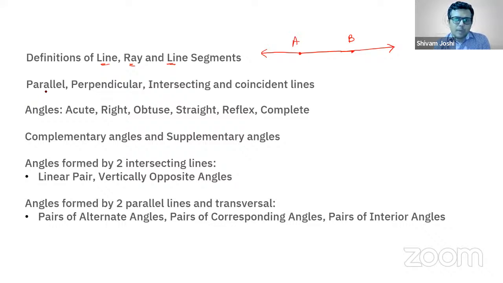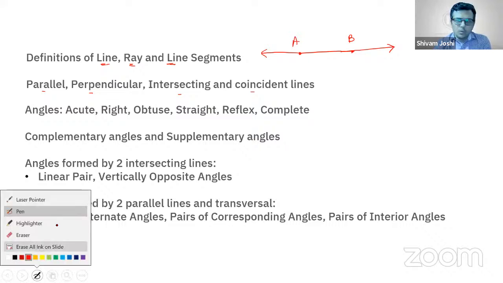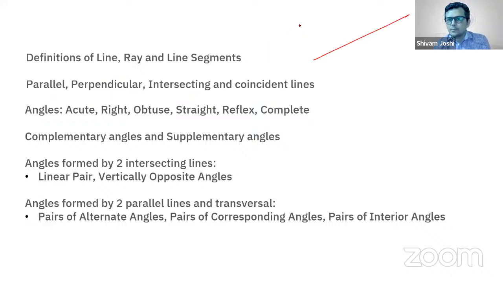Now, what about parallel, perpendicular, intersecting, and coincident lines? If two lines have one point of intersection, they are called intersecting lines. If they do not have any point of intersection, they are said to be parallel lines.